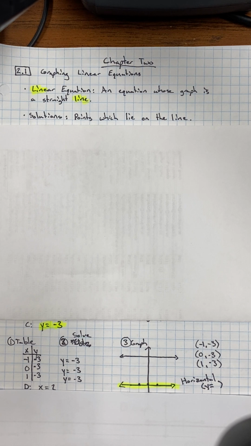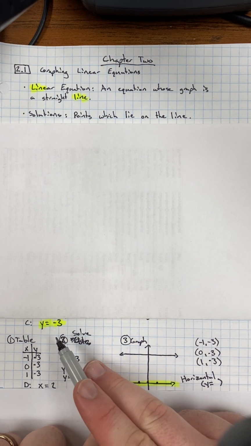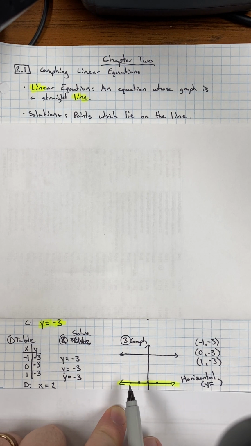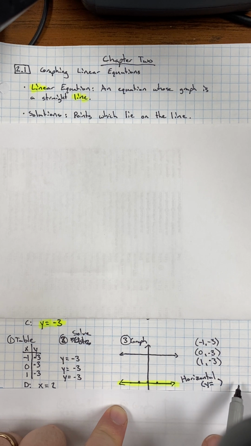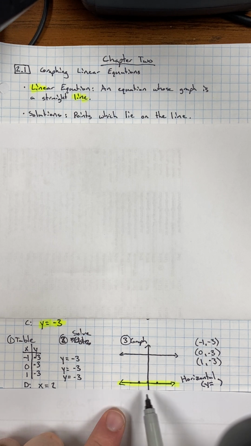Whatever that number is equal to, that's where we're putting down our line. So if I get y equals -3, I'm going to put a line down at -3 on my y. And notice, no matter where I'm at on this line, I could come all the way out here. If this line kept going, y would still be equal to -3, right? So that's what this line is telling me. It's every answer where y equals -3.